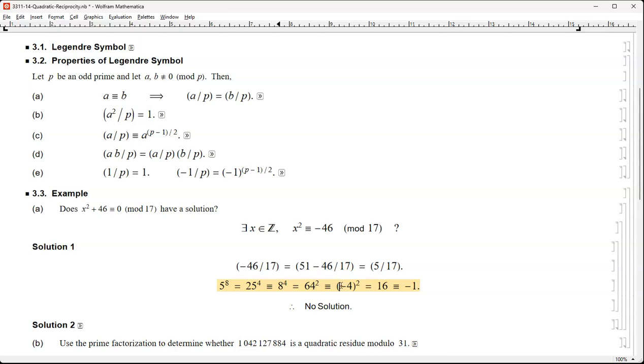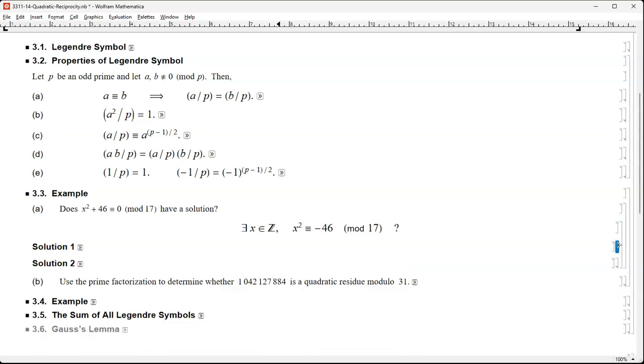And 64 is actually 68 minus 4, where 68 is 17 times 4. So that's congruent to 0 mod 17. So we get just negative 4 to the 2nd power, which is 16. And that's congruent to negative 1 modulo 17. So this negative 46 is a non-residue, so there's no solution.